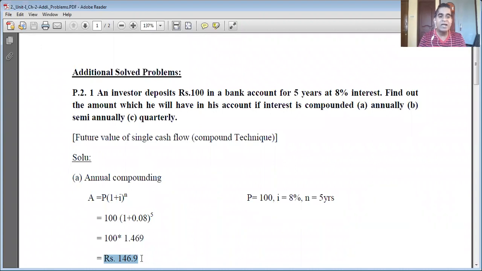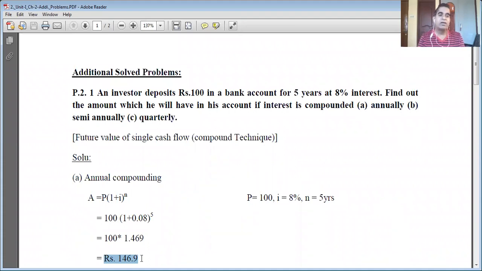So if this person deposits 100 rupees in a bank account for 5 years at 8% interest, where annual compounding happens, or where the interest is credited once in a year, he will have 146 rupee 90 paise in his account after 5 years.